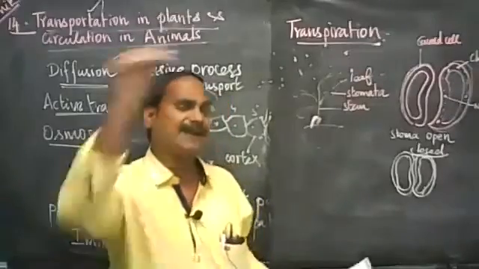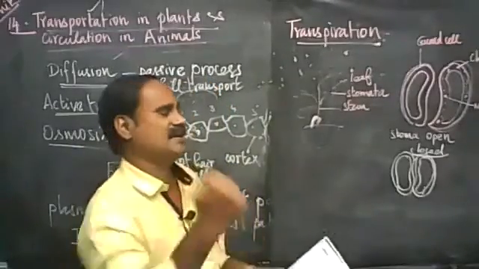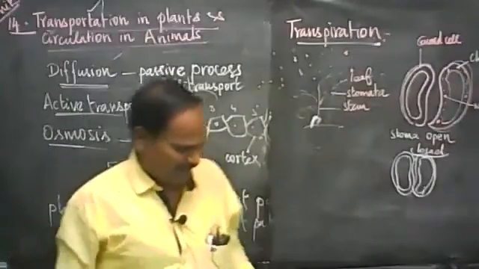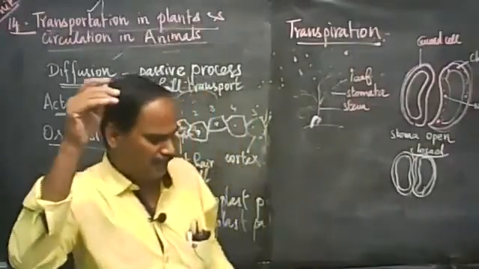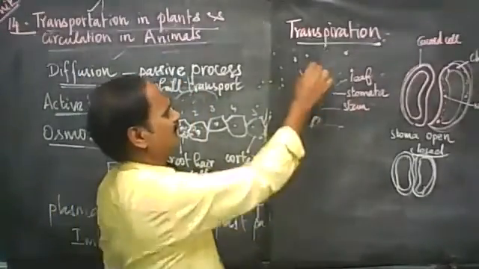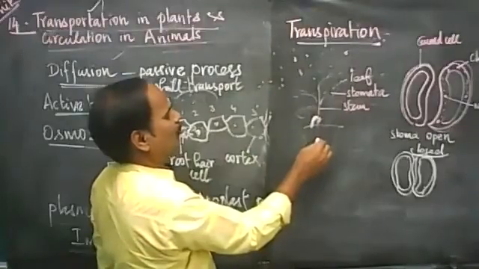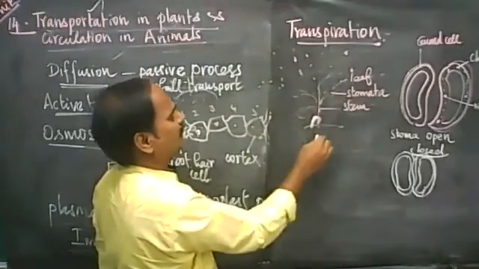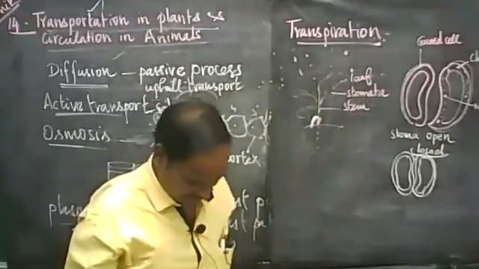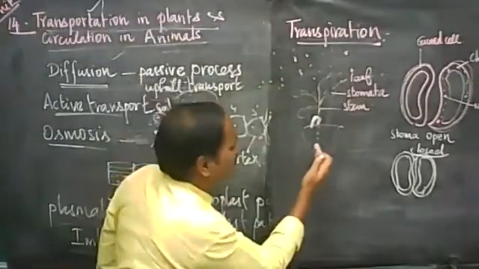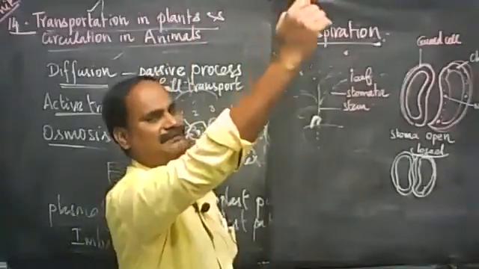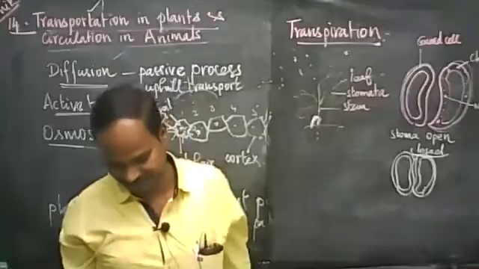Now what is the importance of transpiration? Why transpiration in plants? So here transpiration creates a transpirational pull for the transport of water. As a result of transpiration, the water absorbed by the root by means of the osmotic process is pulled up.